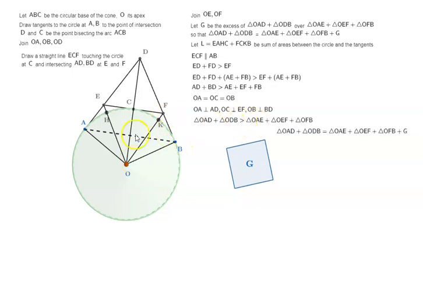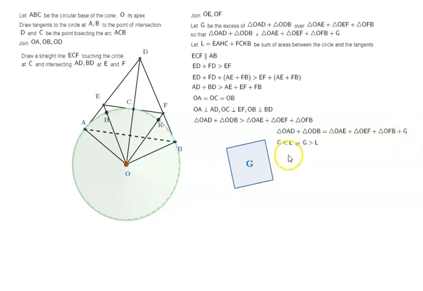Why? Because the slant heights are the same and they are perpendicular. So, which means triangle OAD plus triangle ODB is greater than, we replace it with equal to, triangle OAE plus OEF plus OFB plus G.